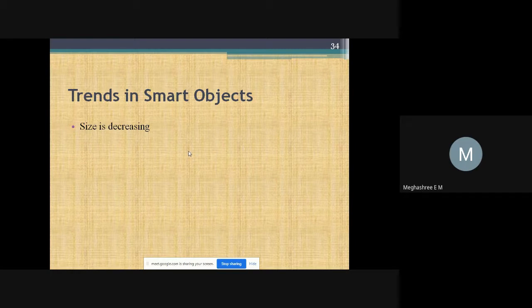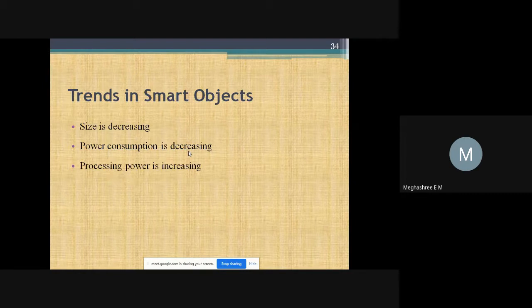The smart object size is reducing day by day, so it has become small and you can use it anywhere. The second reason is that power consumption is also decreasing. Due to advancement in technology, power consumption is decreasing. So smart objects are in trend.